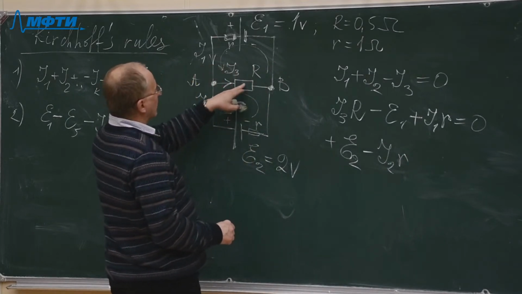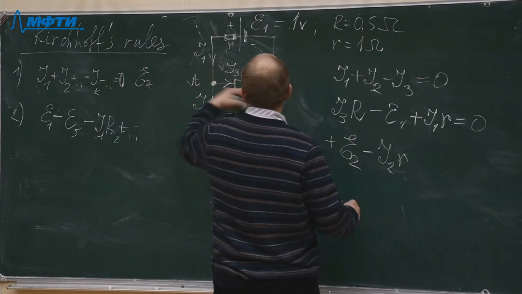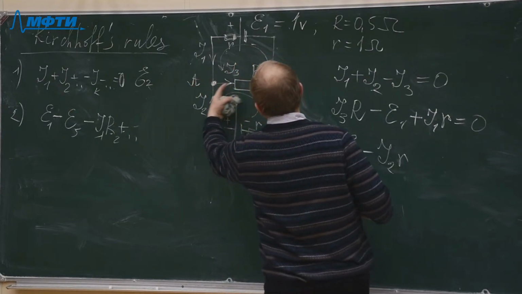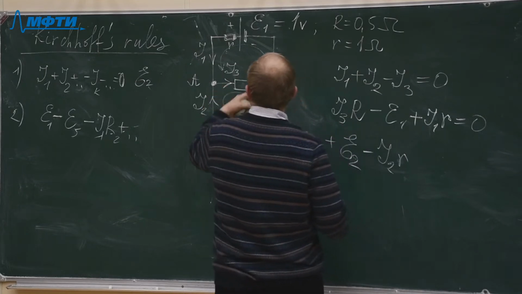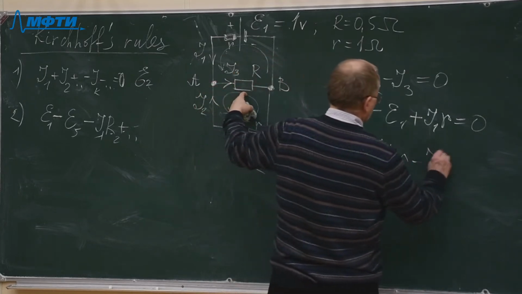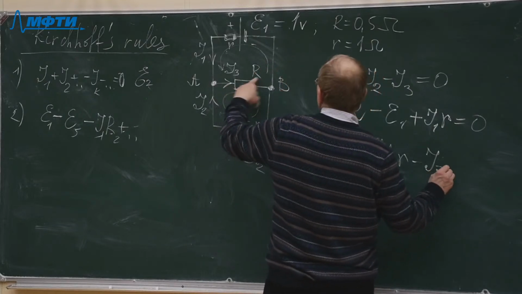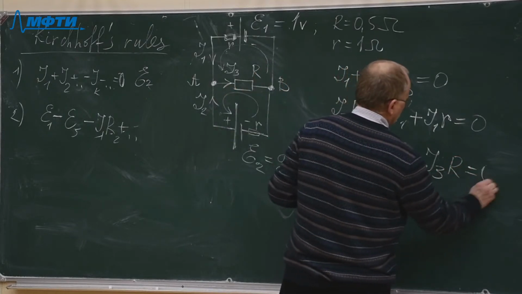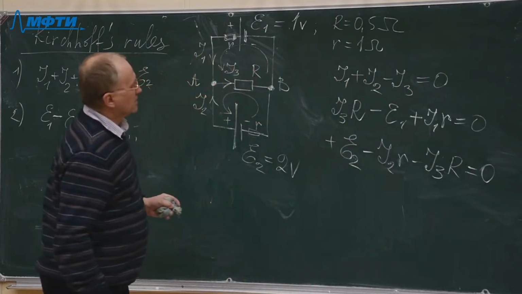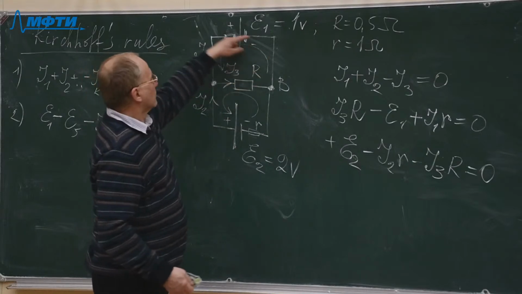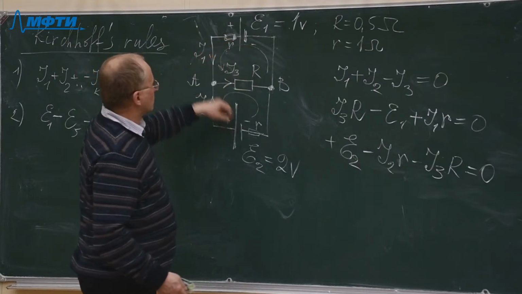And then I will go against the current I3 in the opposite direction. The current flows from A to B, and I trip along this closed circuit from B to A. So it will be minus the current in this section, I3, times R. That is, the second Kirchhoff's rule will give me two equations related to this closed circuit and this closed circuit.